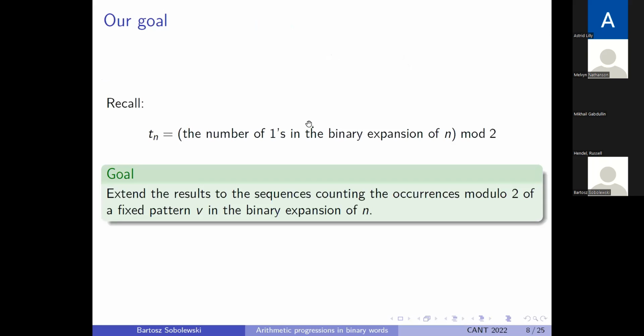And I considered another direction of generalization, because recall that t_n, the nth term of the Thue-Morse sequence, is just the number of ones in the binary expansion of n, which is then reduced modulo 2. So we can replace this 1 by any other string of binary digits and ask similar questions. And in order to state this more precisely, I will need some more notation.